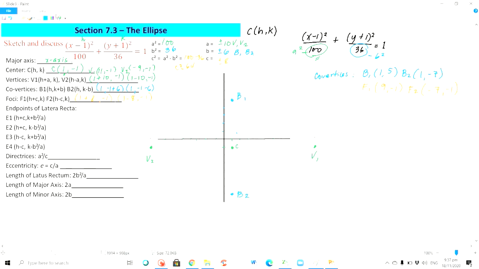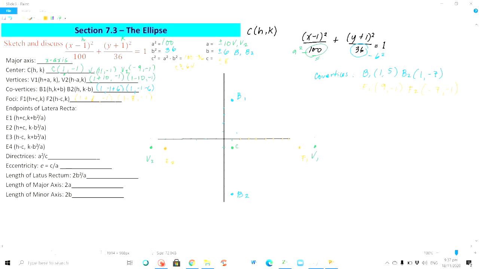Okay, now for the foci, it's 9 and negative 1. 1, 2, 3, 4, 5, 6, 7, 8, 9. And negative 1. Negative 7. 1, 2, 3, 4, 5, 6, 7 and negative 1. Okay, so ito yung ating F1. Ito yung ating F2.